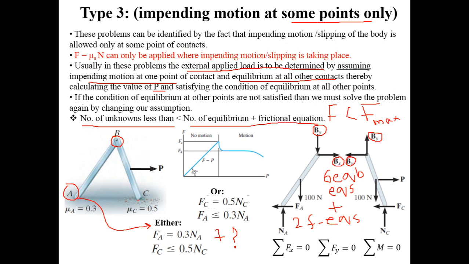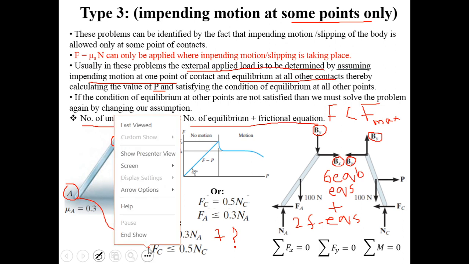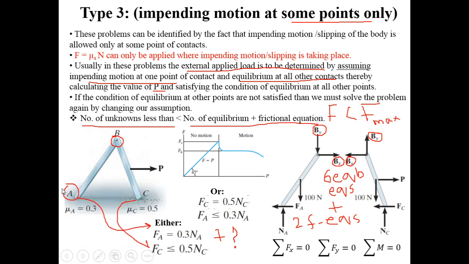So if point C remains in equilibrium, the calculated value of the friction force must remain smaller than this product, 0.5 NC. Okay. This means that point C is in equilibrium.